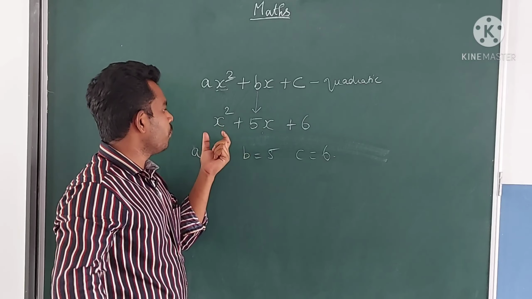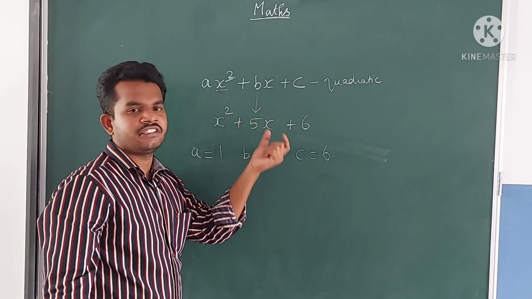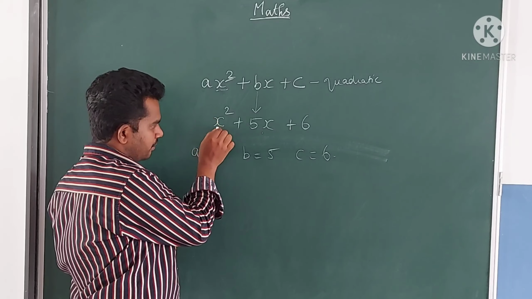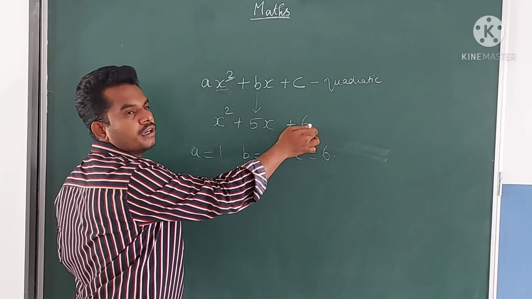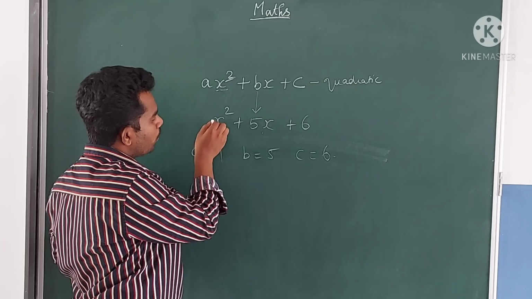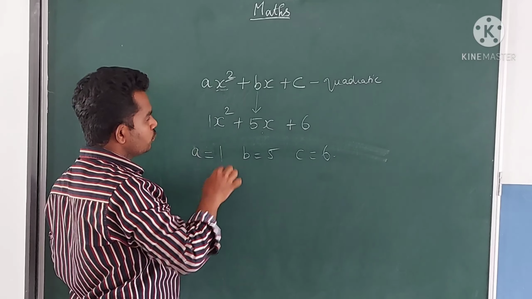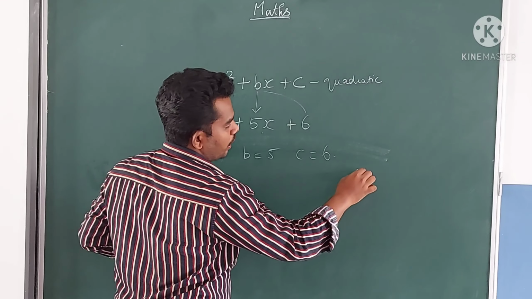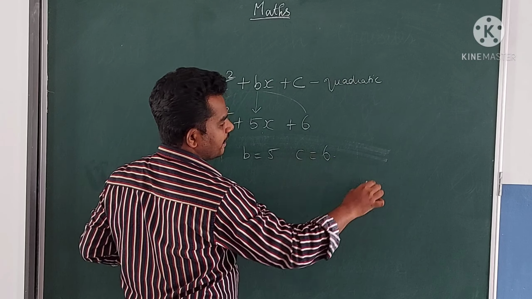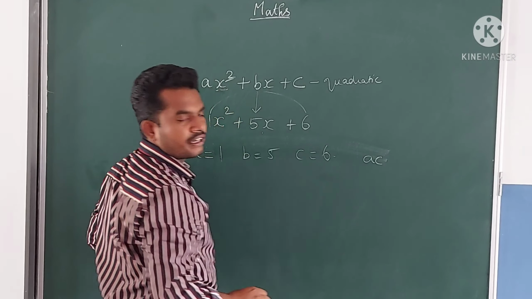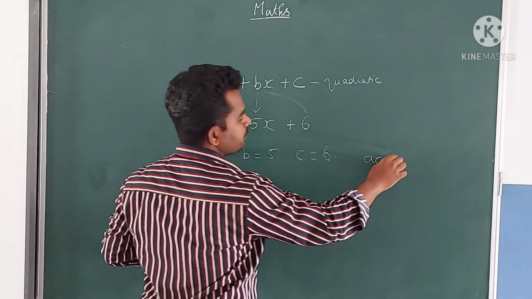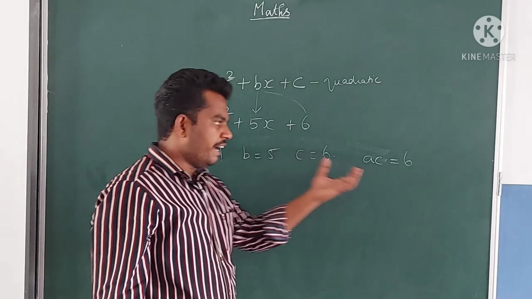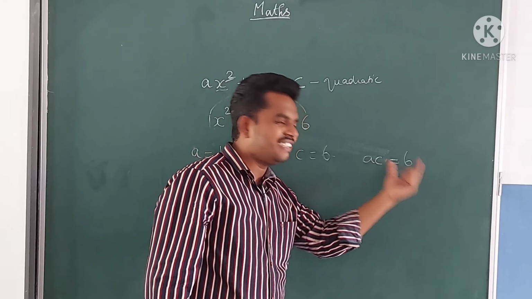The concept is how to find the factors of x square plus 5x plus 6. First you observe the coefficient of x square and the constant. Here the coefficient is 1. So 1 into 6, that means ac. ac is 1 into 6.